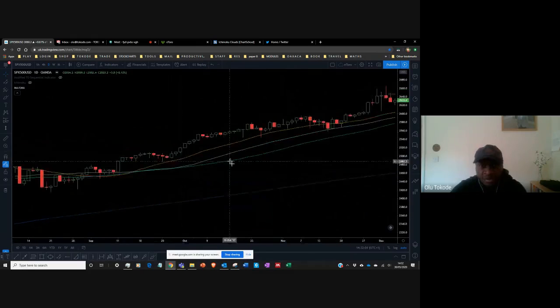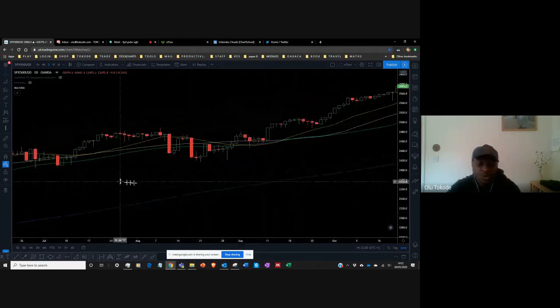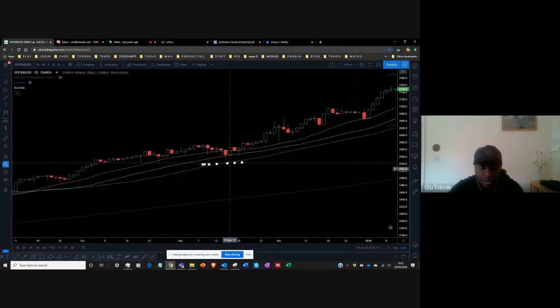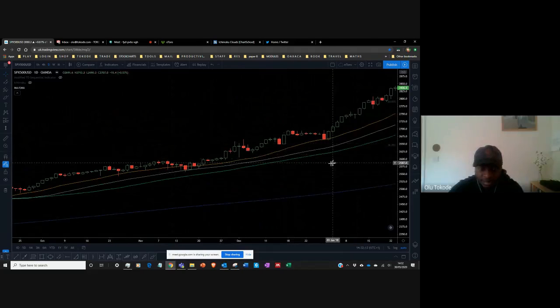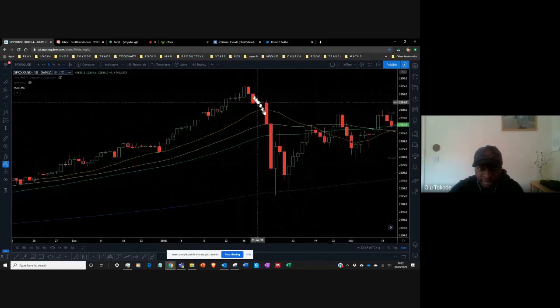And keep riding that trend. So let's say you had bought all the way down there. You know through these indicators that you should stay in the trend. So you keep riding it all the way, even after this sell-off.